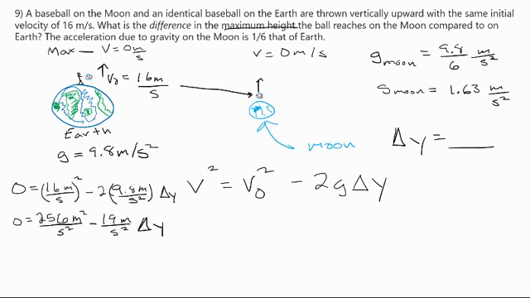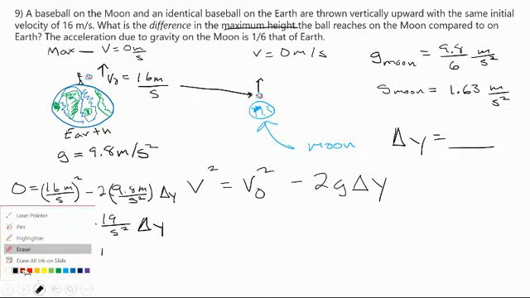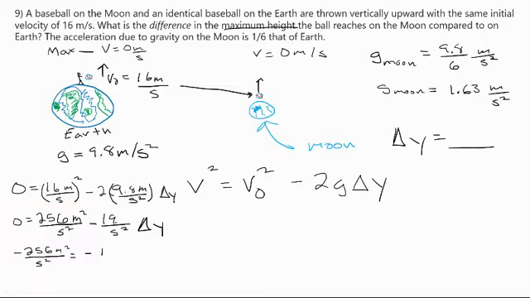Now I'm going to take this term, the 256, and subtract it from both sides. So I get 256 meters squared all over seconds squared is equal to negative 19.6. Ugh, that's not good. Forgot to write my 0.6. It's important. 0.6 meters squared equals delta y.